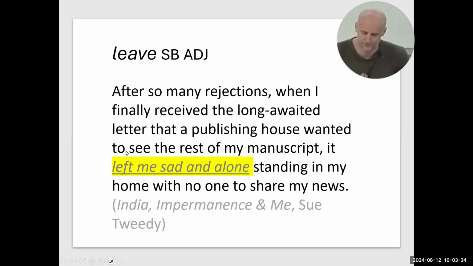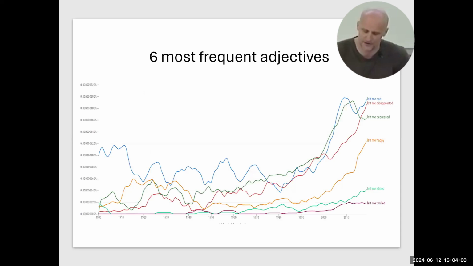What's interesting about the construction is that it has a fairly standard syntactic pattern. So you have the verb leave, typically in past tense, followed by somebody, followed by a noun phrase, and then an adjective, okay? And if we look at the usage patterns, this image comes from Google Books Ngrams, which shows the 6 most frequent adjectives.